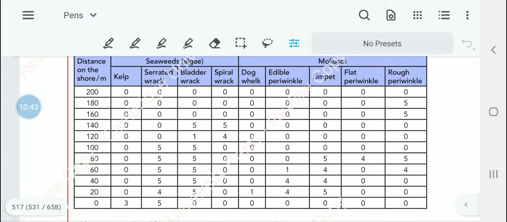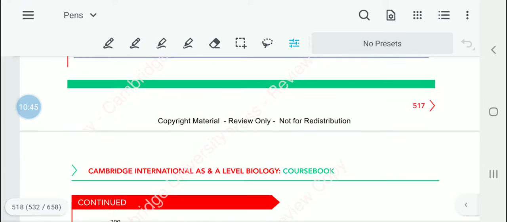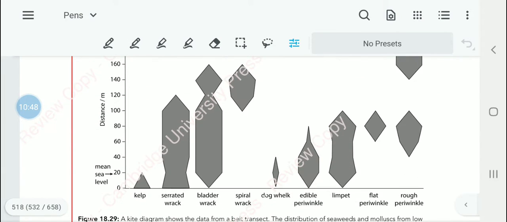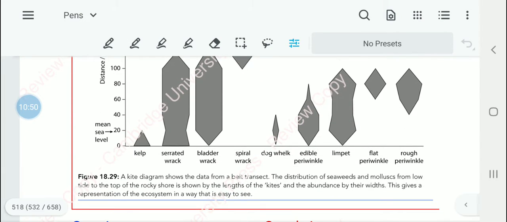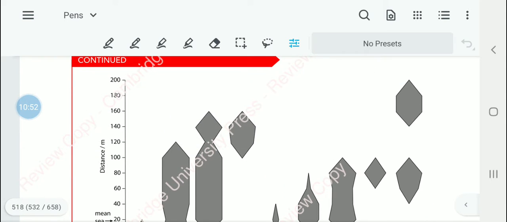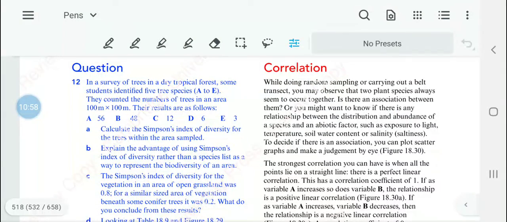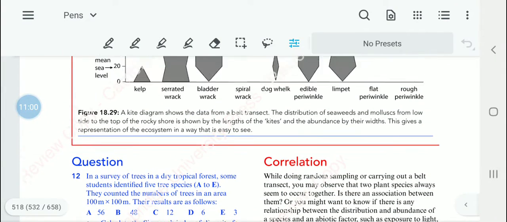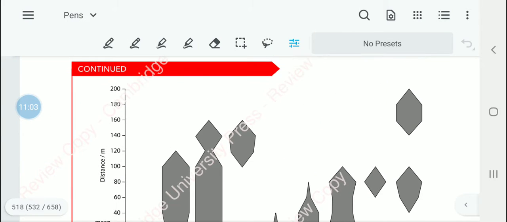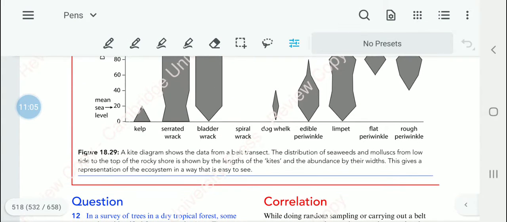As you can see, you will have to study this with long exposure. You will have to look at this very carefully. This is not going to be something new, but a different way of presenting the same old things. This will give us the kite diagram of their relative abundances.